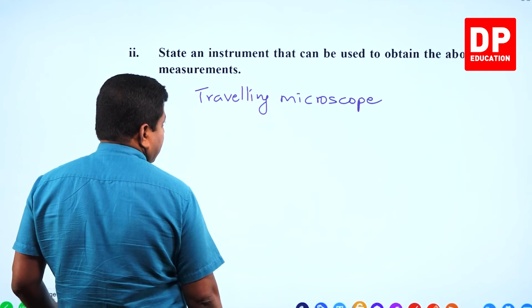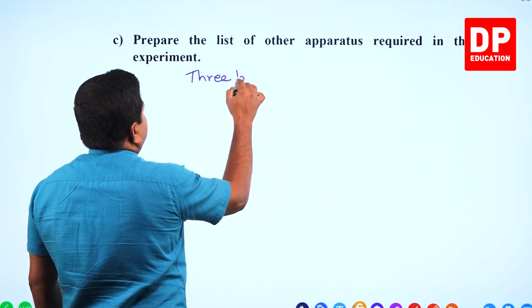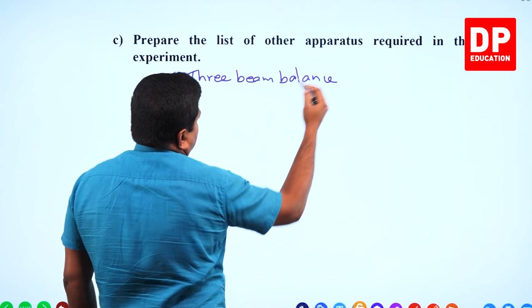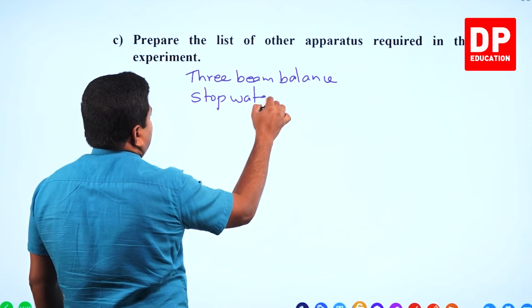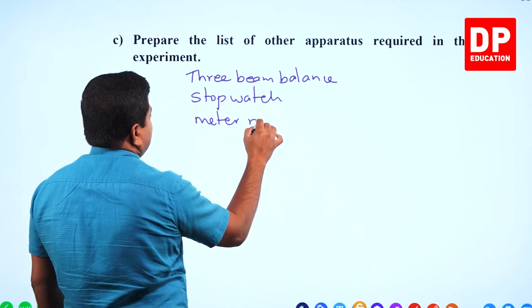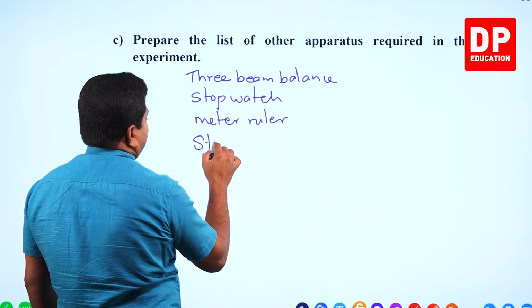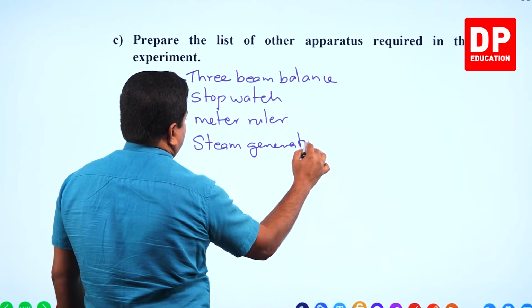Write that. 3-beam balance. Stopwatch. Then the meter ruler to measure the length. Then the steam generator.